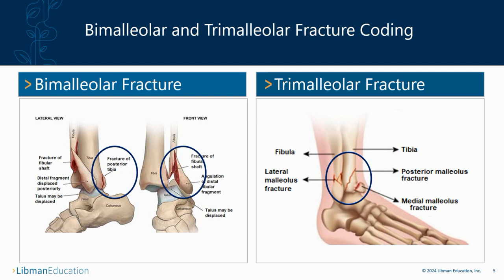Both of these bones need to be repositioned, and the reposition codes for each fracture would include the internal or external fixation device chosen by the surgeon. Now look at the image on the right side. The trimalleolar fracture gets its name from the three breaks that take place, two in the tibia and one in the fibula.